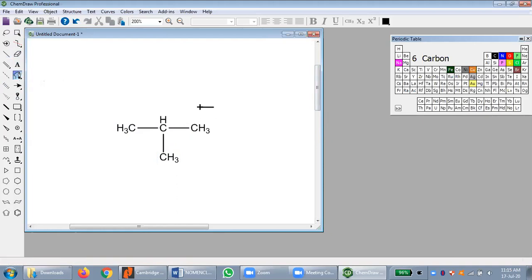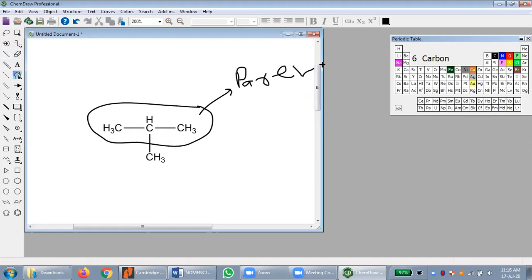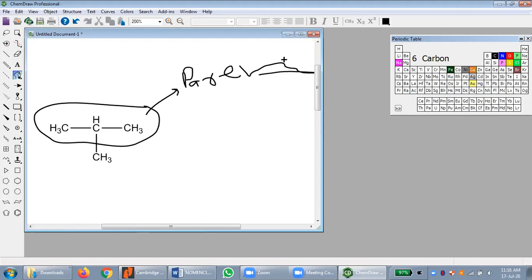Now this part of the structure is actually what? That is, and please don't mind my writing, that is parent chain. Okay.